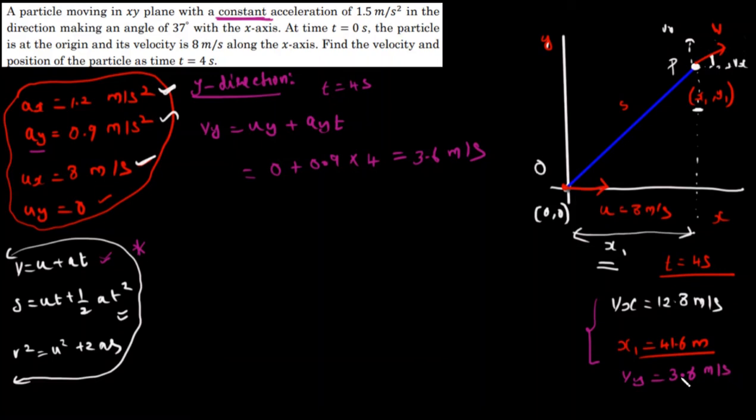So velocity in the y direction is 3.6 meter per second. Now coming to the next case, y, which is equal to, we can use this formula, right? Y is nothing but y1, which is this distance.